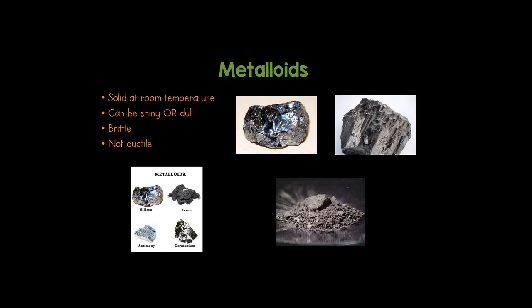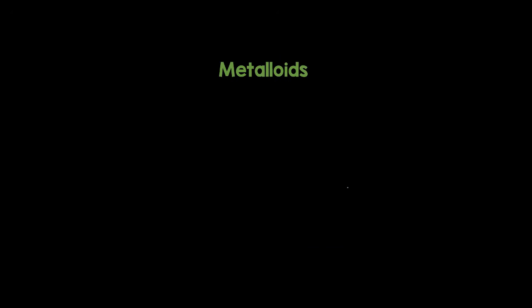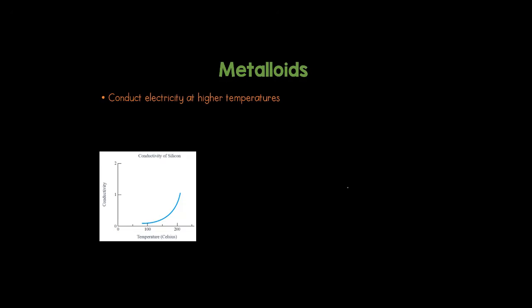But they can conduct electricity, kind of, like metals. They don't conduct electricity all the time, like metals do. Instead, they conduct electricity best at higher temperatures. So the higher the temperature goes, you can see here's silicon, which is a metalloid.